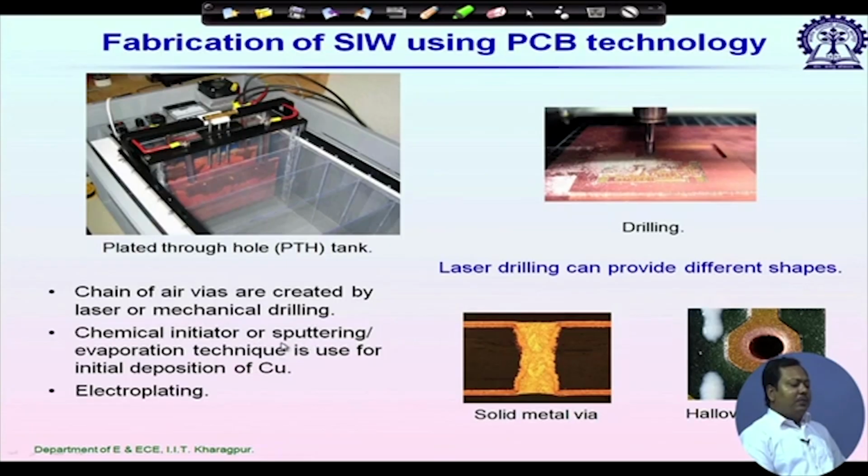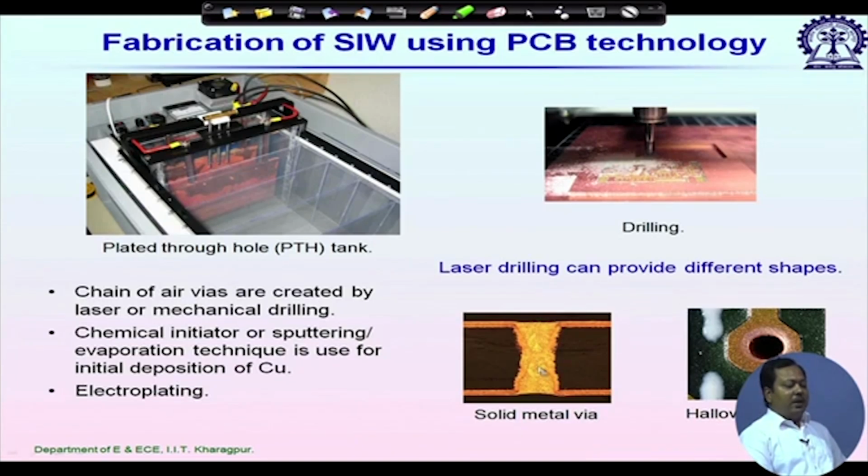We can also use sputtering or evaporation to deposit a thin layer, a few nanometer thick, of copper or aluminum or gold. Once we have that thin layer of metal, we put it for electroplating inside this tank. And what is the minimum thickness of copper we need? That should be at least 5 times the skin depth at the lowest frequency of operation.